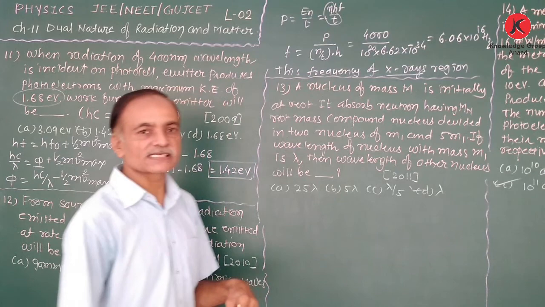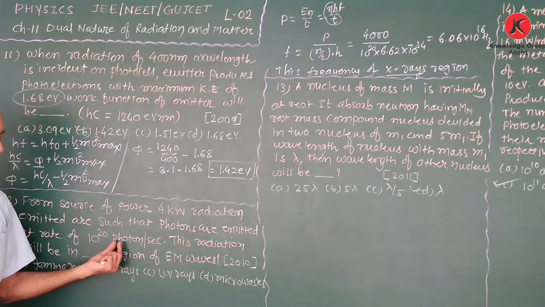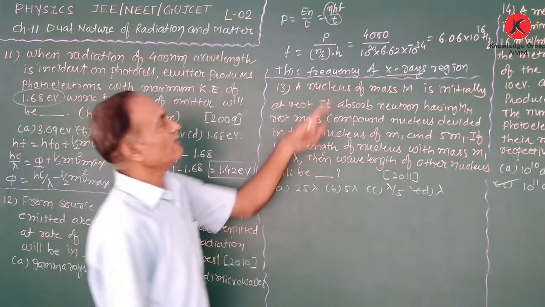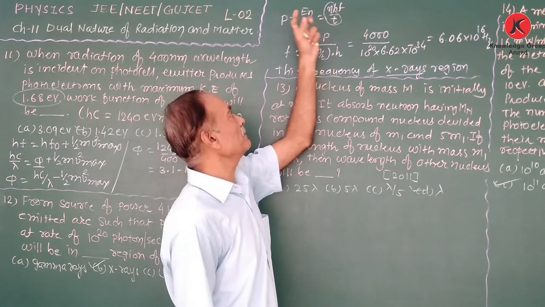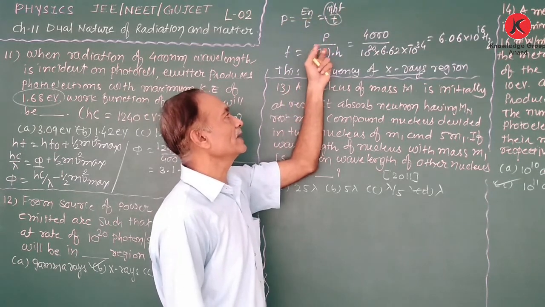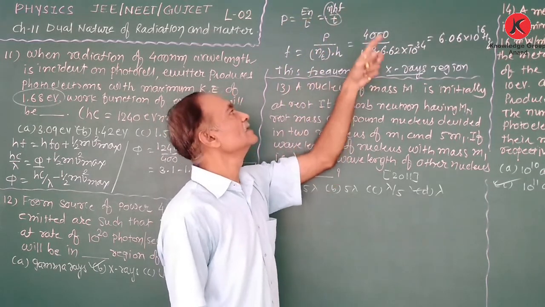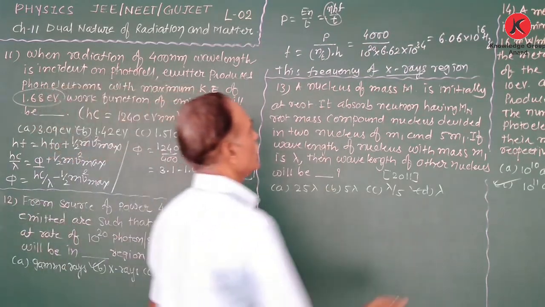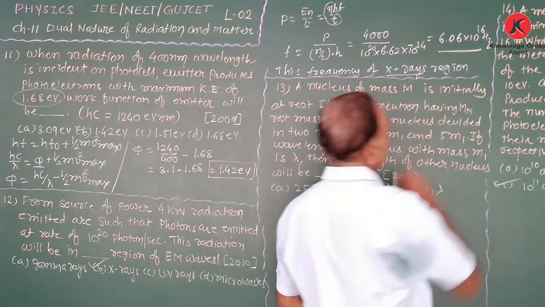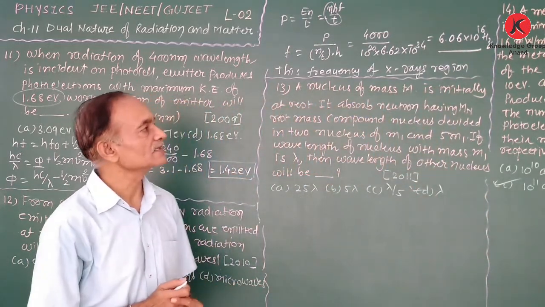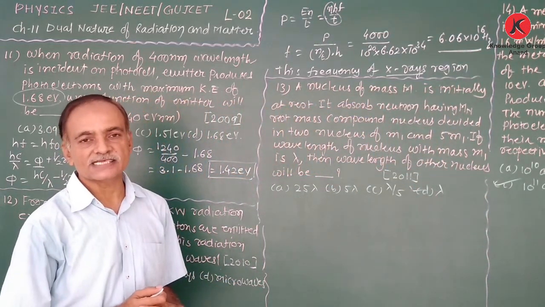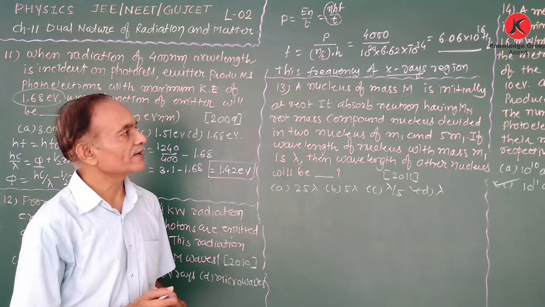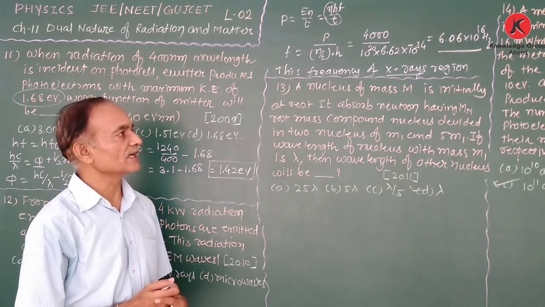Now n upon t is given as 10^20 photons per second. We require the frequency f, therefore f is equal to power upon (n upon t) into h. Substituting the values, we obtain the frequency 6.06 into 10^16 Hz. So this frequency lies in the X-ray region of the EM spectrum.